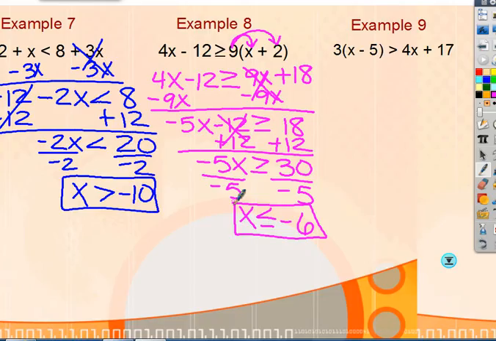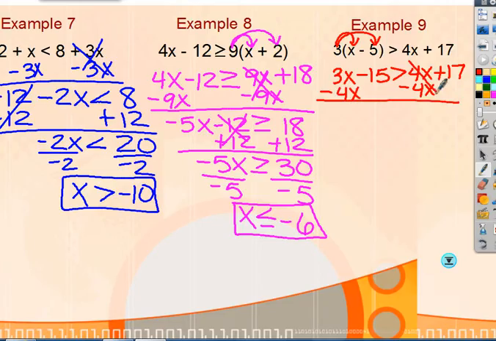In example number 9, again, my first step will be to distribute. Notice, after I subtracted 4x from both sides, I have a negative in front of my x.